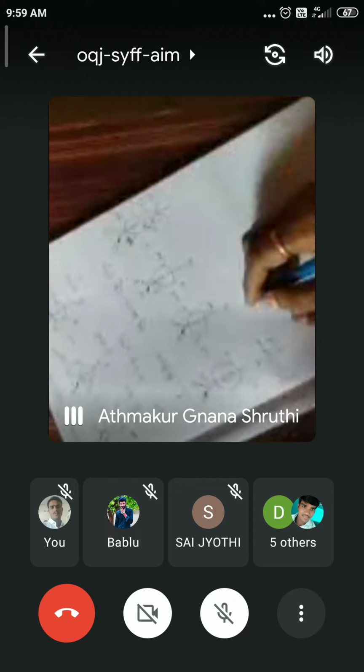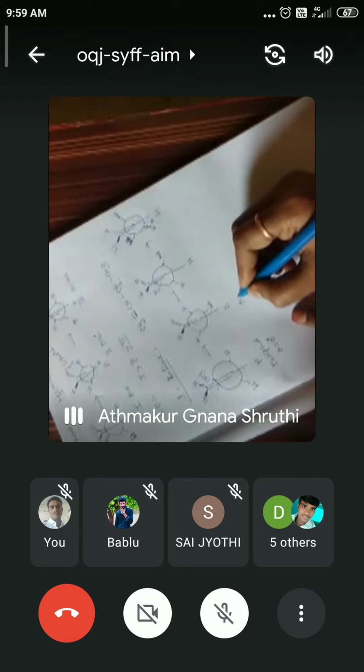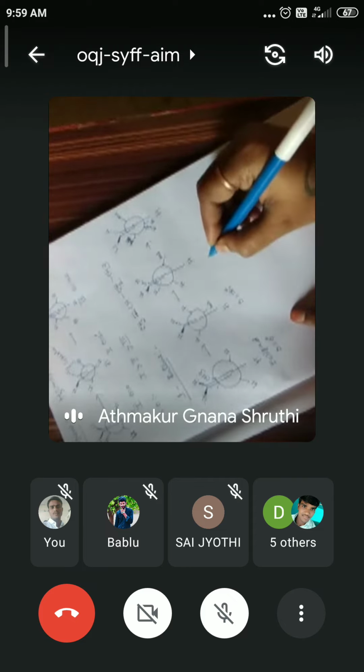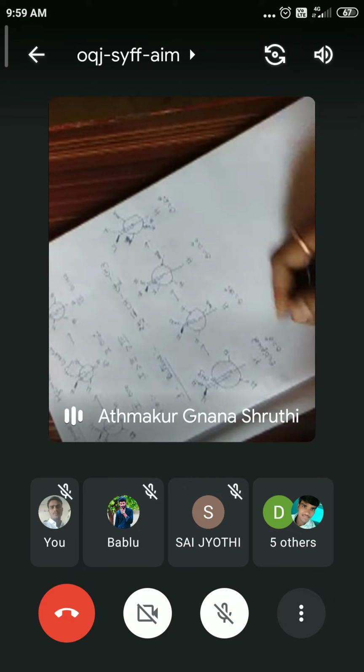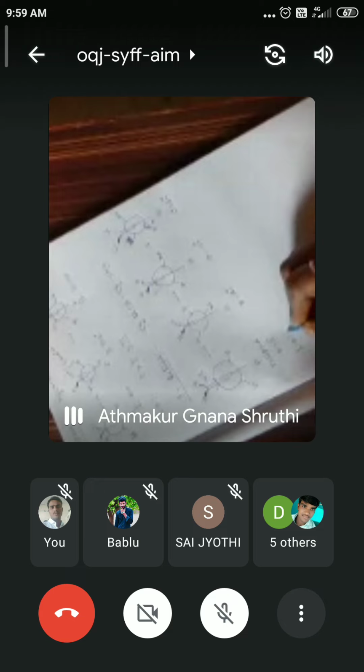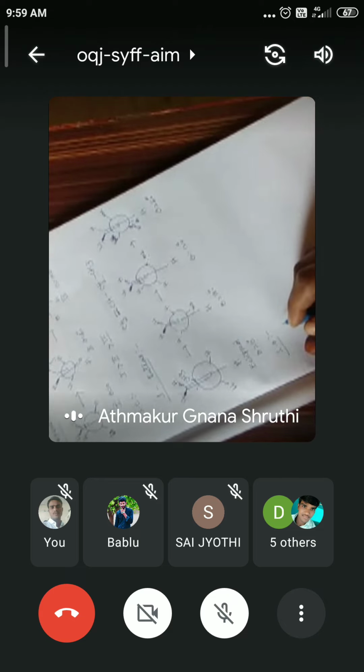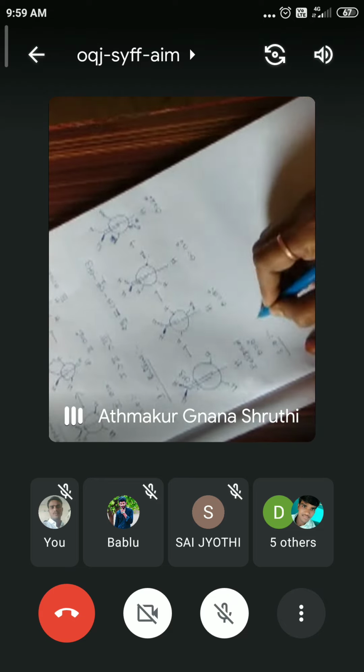Now the stability order. So this is 180 degrees, this is 120 degrees, and this is 60 degrees rotation. Now the stability order of the compound. So the first structure has more stability than the third structure.